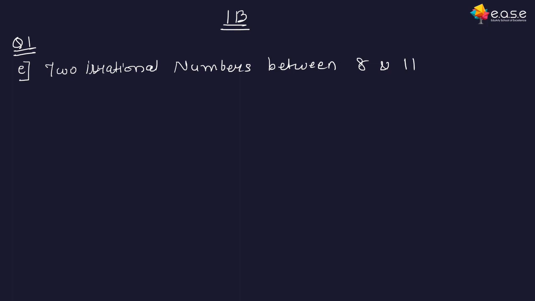Now therefore, what are we going to do? The first irrational number, what is it? The first irrational number is equal to root 88. Correct?